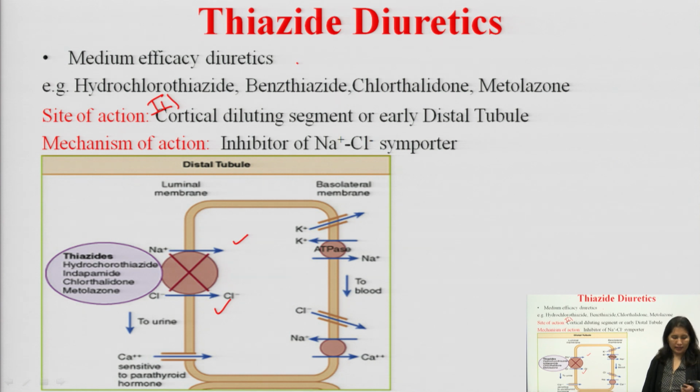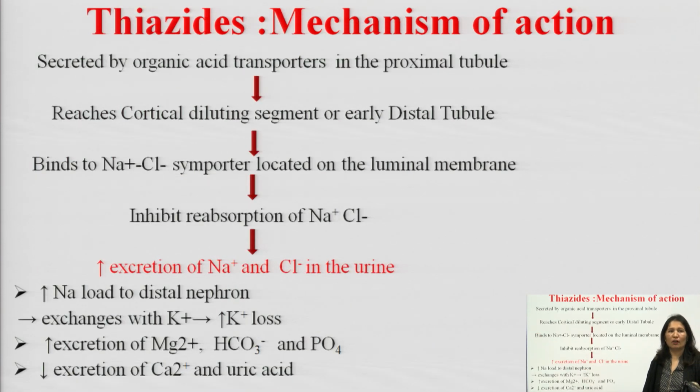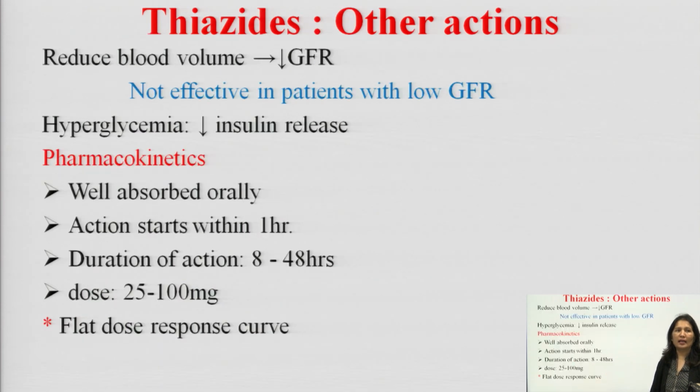Thus, they increase the excretion of sodium and also cause potassium loss, because sodium will go to the distal portion. So, there will be potassium loss. It will also increase excretion of magnesium and bicarbonate, but it decreases the excretion of calcium and uric acid.